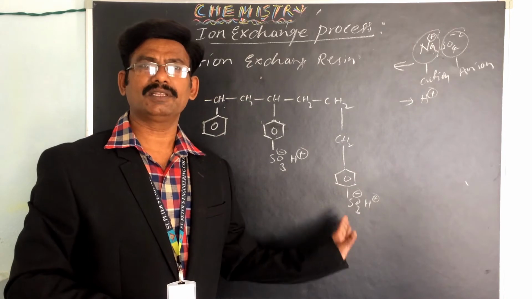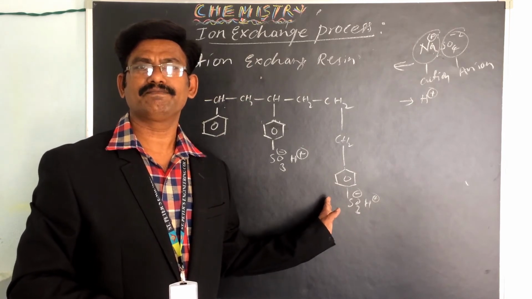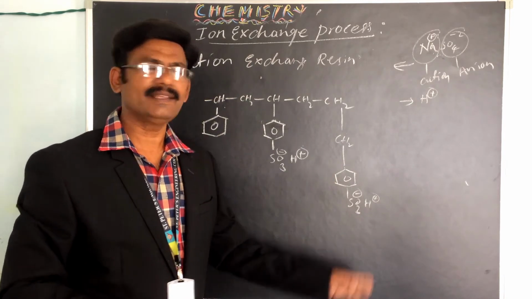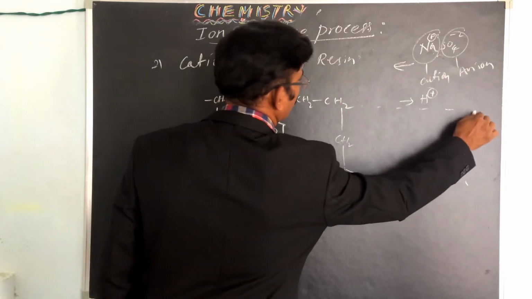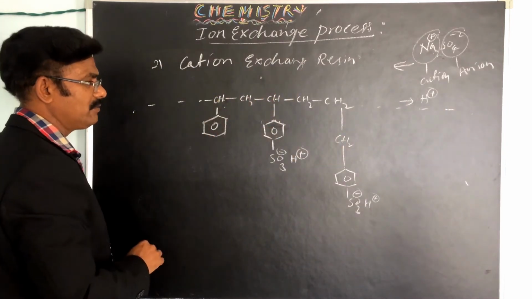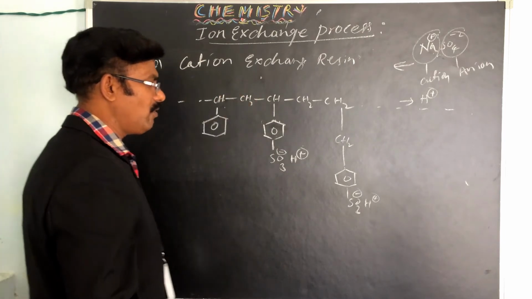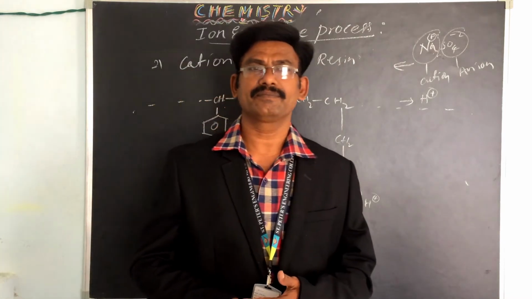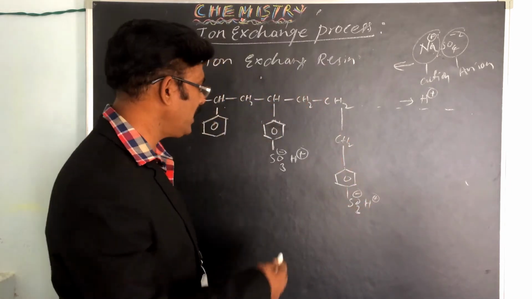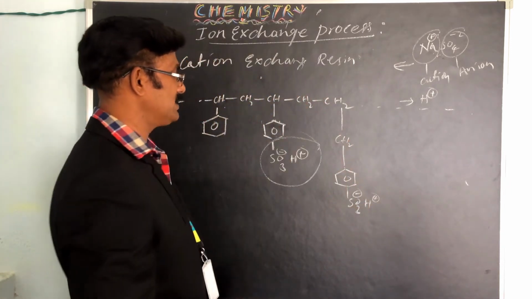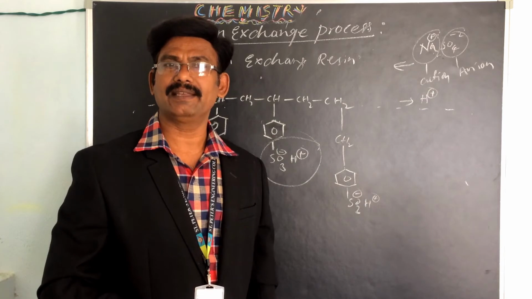So this is the structure, SO3H. This is the long chain, and the functional group attached to it is the SO3H ion.